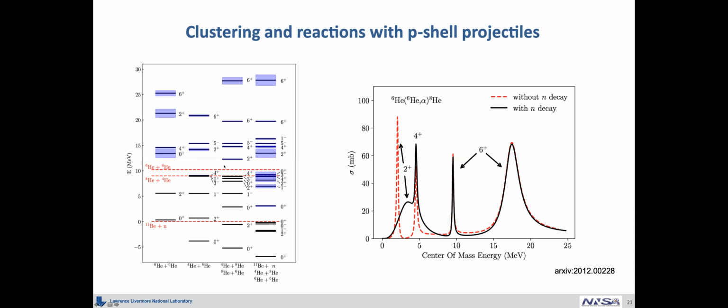Others remain unchanged. But the real interesting thing comes in when we add the 11Be plus neutron partition to the system. So we see a couple of things that are interesting. First of all, these 6+ states remain as they are. They remain essentially unchanged.